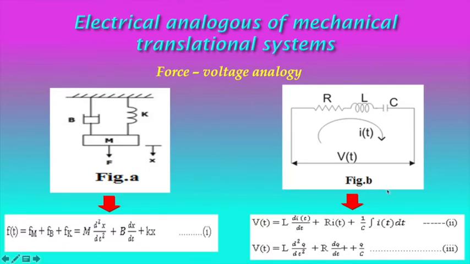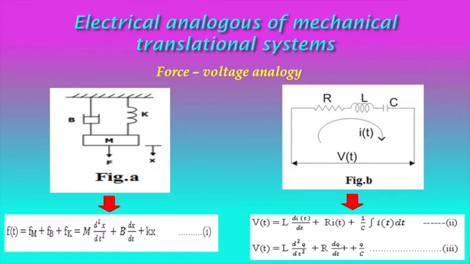From figure B, write down the KVL. So Vt equal to L di/dt plus Ri(t) plus 1 by C integration of i dt. Then write i equal to dq by dt. That means current is the rate of flow of charge.